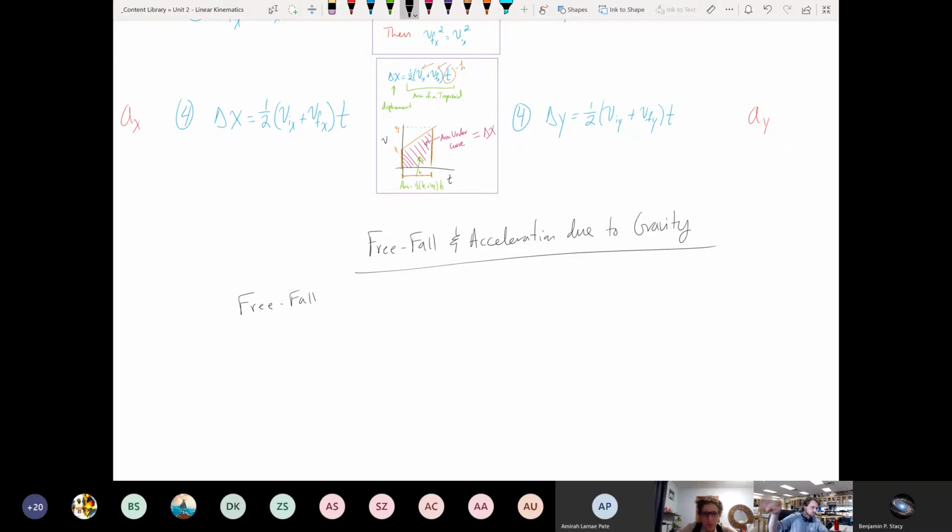You forget that no other forces are acting on this thing, just gravity. That's all free fall is defined as. Motion of an object under the influence of gravity alone. No other forces.